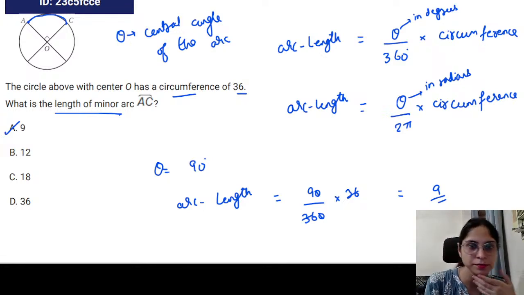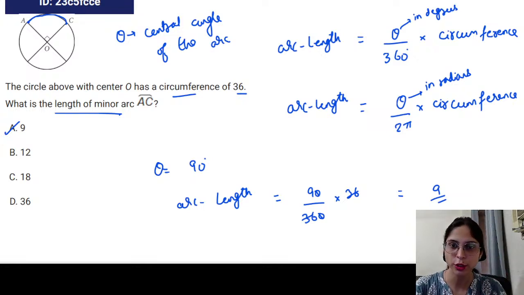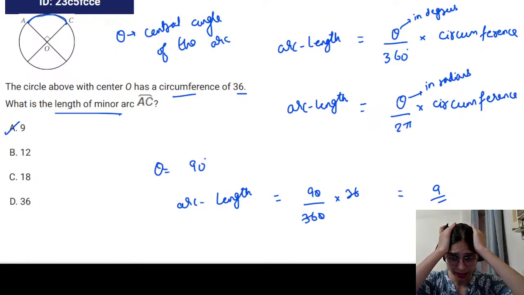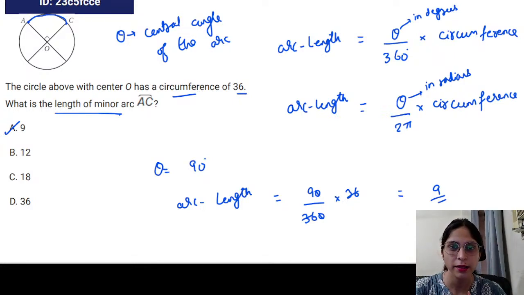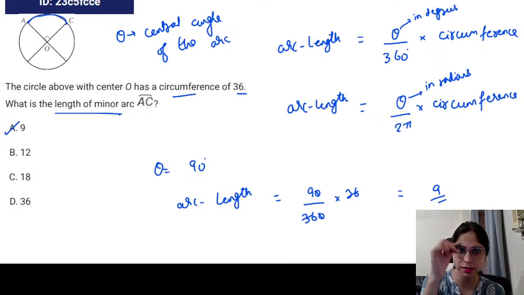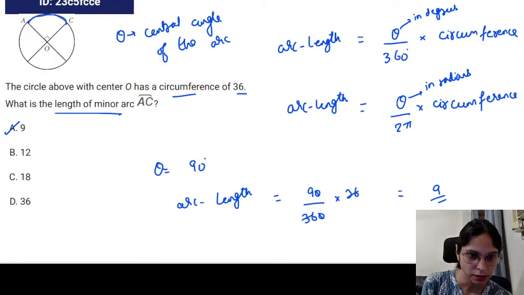Got it? So just the formula: arc length is theta over 360 times circumference if theta is given in degrees; if in radians, it will be theta over 2 pi times circumference. In this question, the circumference and the central angle of 90 degrees are given, so it's just 90 over 360 times 36. When you solve it, you get 9. That's about it.